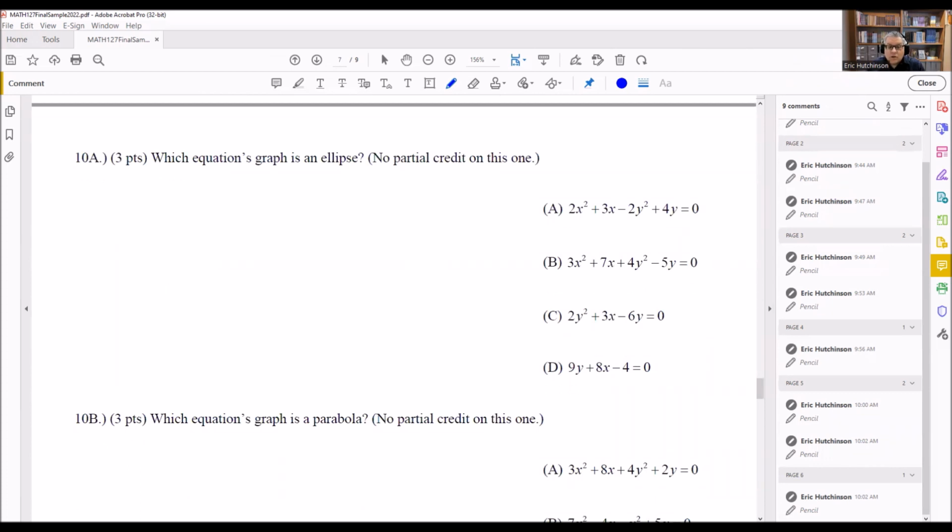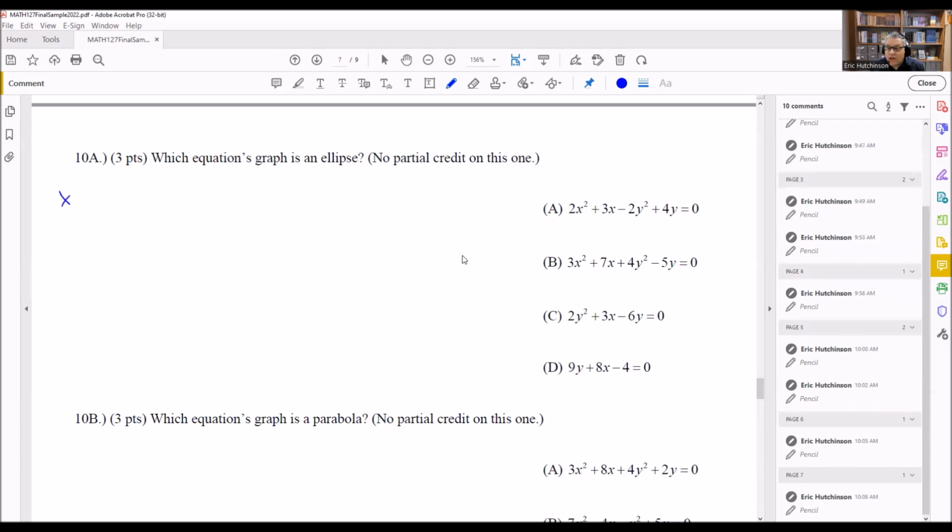Number 10, which equation's graph is an ellipse? All right, so here's how you can tell what each one is. First thing is, if you have x squared and you have a y squared in that problem, and the coefficients of them are the same.